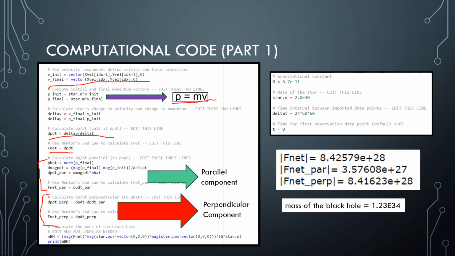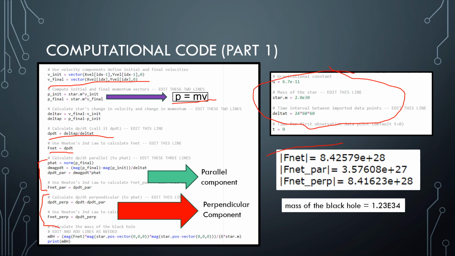And then here are the initial conditions. For delta t, this is equal to 1 Earth day, so 24 hours times 60 minutes times 60 seconds. And then the gravitational constant and the mass of the star were both given.